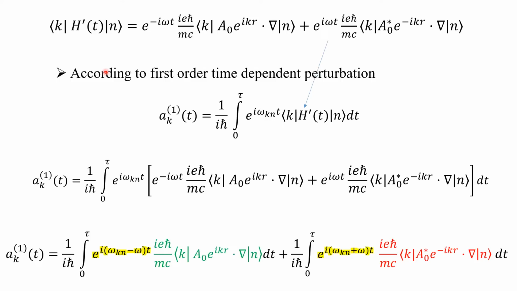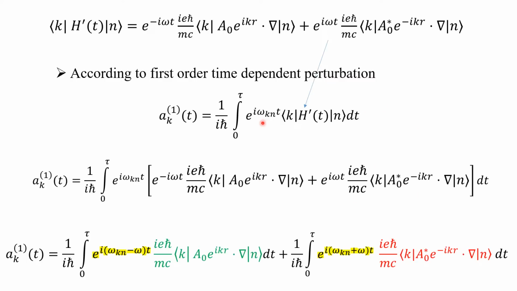According to the first order time dependent perturbation, we know the probability amplitude, that is a_k, which is a function of time, a_k^(1), where one represents the first order time dependent perturbation, which is equal to 1 over i h cross integral from 0 to tau of e power i omega_kn t times ⟨k|H prime(t)|n⟩, differentiating with respect to t.